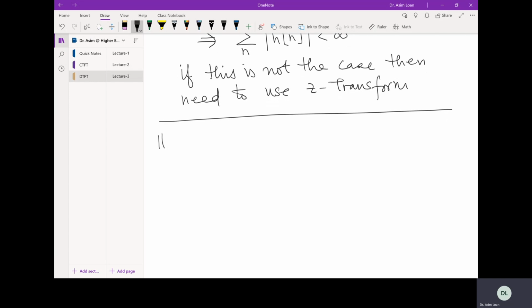Property number 11 is accumulation, which is the same as integration.